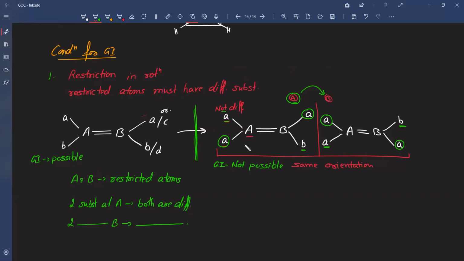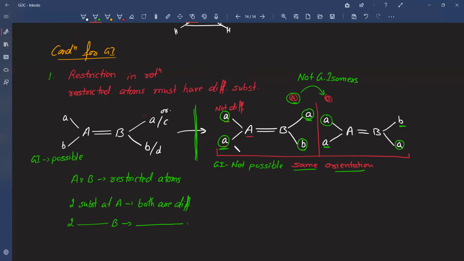So in both the configurations, both the orientations are actually the same. So because both are having the same orientation, these two are not geometrical isomers.